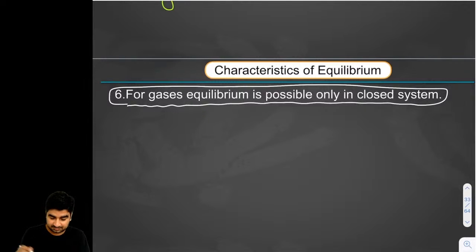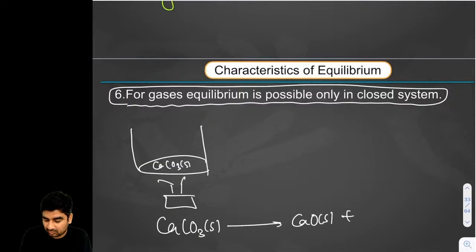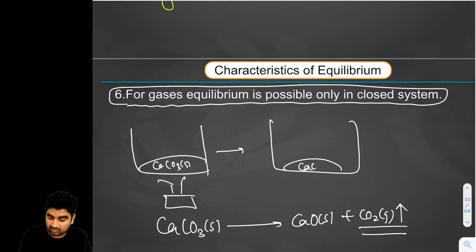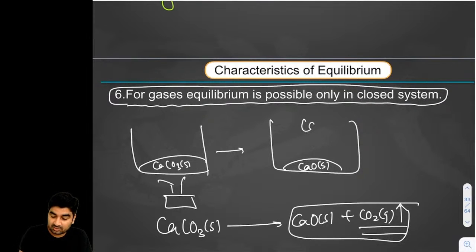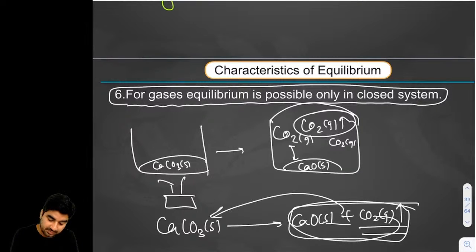I have already told you guys. Suppose here I am taking CaCO3 and I heat it. This CaCO3 solid will get converted into CaO solid and CO2 gas. And this CO2 gas will escape. So finally in the container I will find only CaO. Because the CO2 gas is not there, they can never combine, since the CO2 gas formed has escaped. But if you close the container, this CO2 gas will be here, and they will react with each other and make CaCO3.